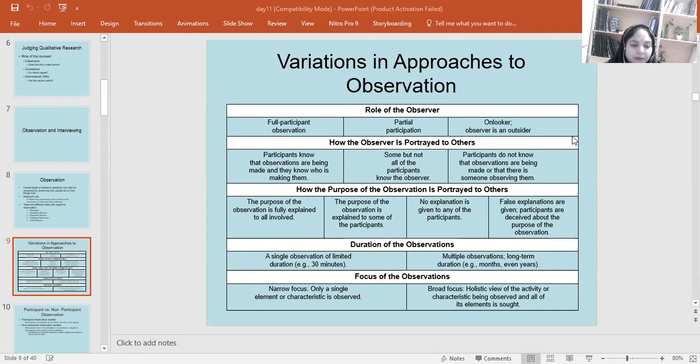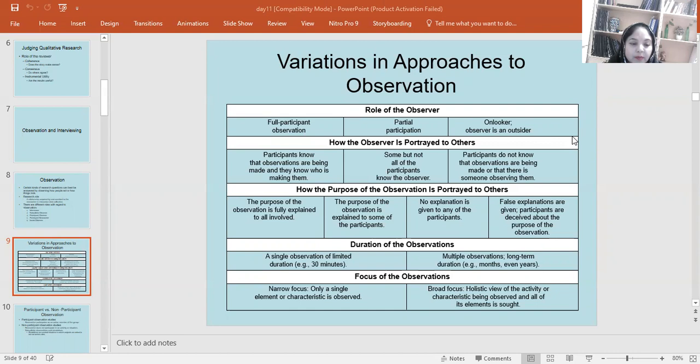Let me give you an example. If you are performing the role of full participant observation, participants know that observations are being made and they know who is making them. As you are performing the role of a researcher, and your participants are also informed about the observations, that is called full participant observation.